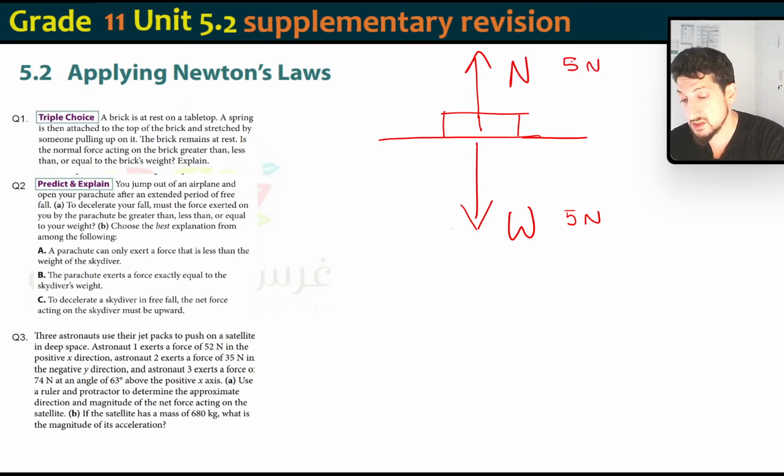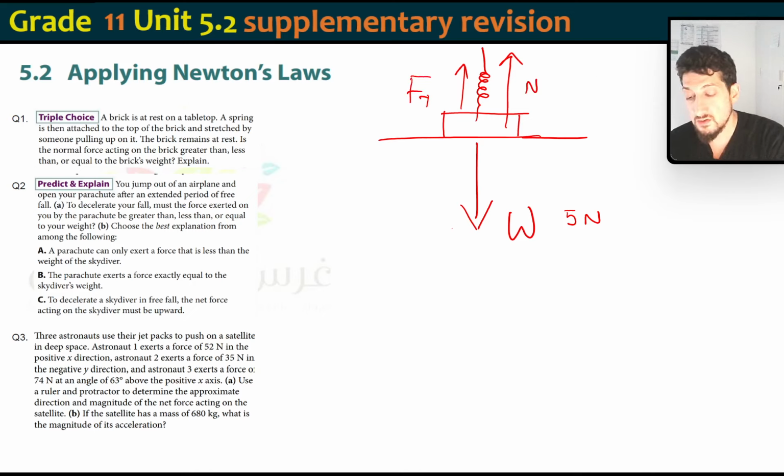Now, the situation here is that we have a normal force, and now somebody decided to attach a spring and is pulling on it. The brick is still not moving, but now we have two forces. We have tension force from the spring as well as normal force, and together they are equal to 5 newtons.